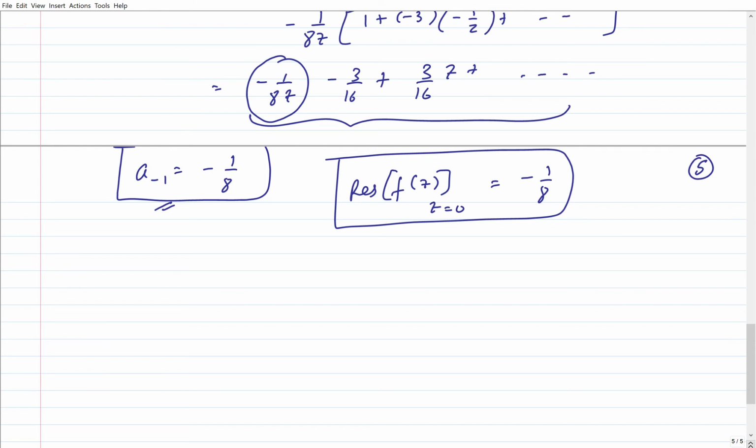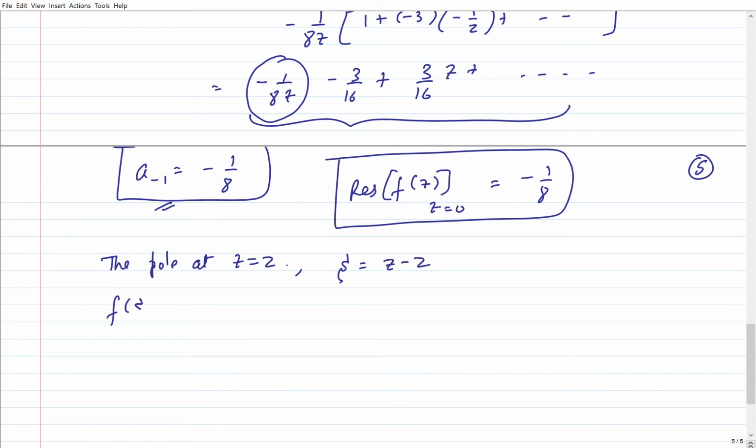Let's see what happens to the pole at z equals 2. So what I'll do is put a variable as w equals z minus 2.